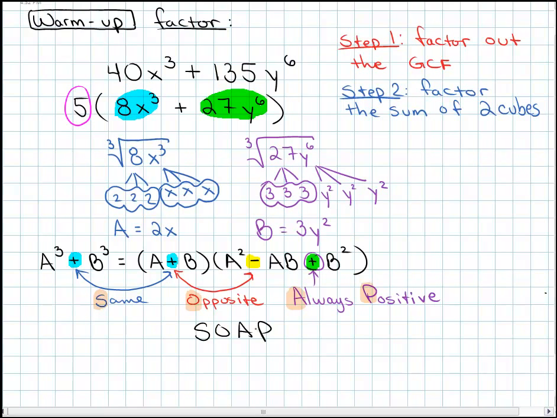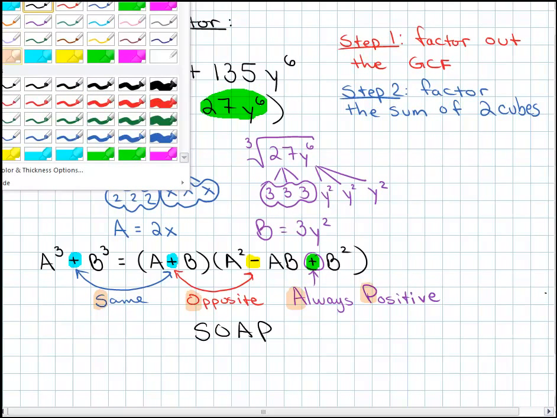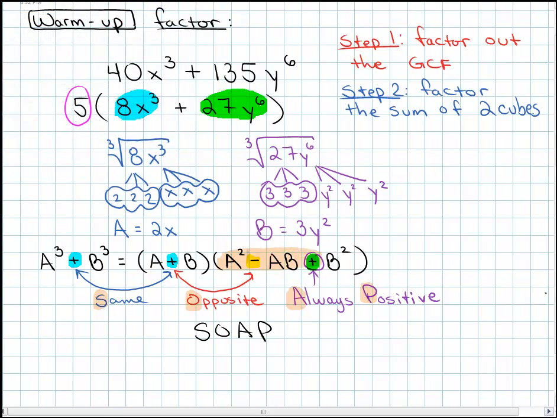The way I remember it is that the trinomial looks a little bit like the one for the perfect square trinomial, but it's missing the 2 in the middle. Okay, I'm going to erase this.